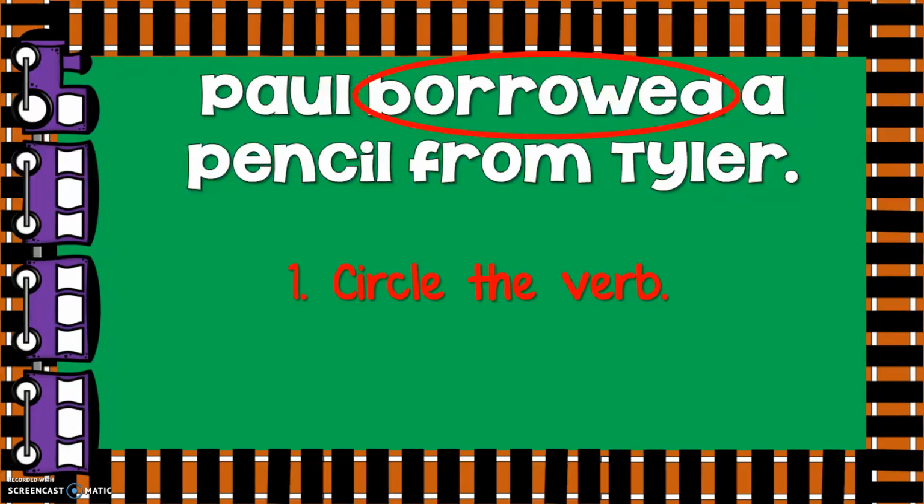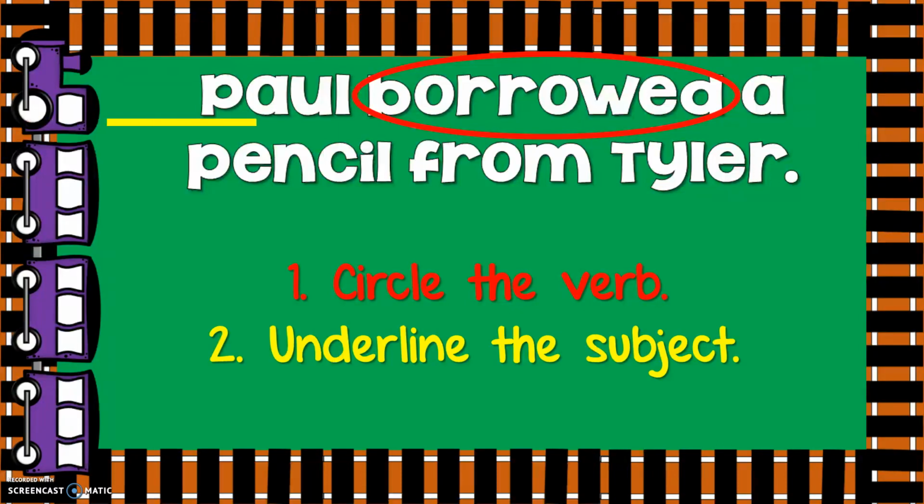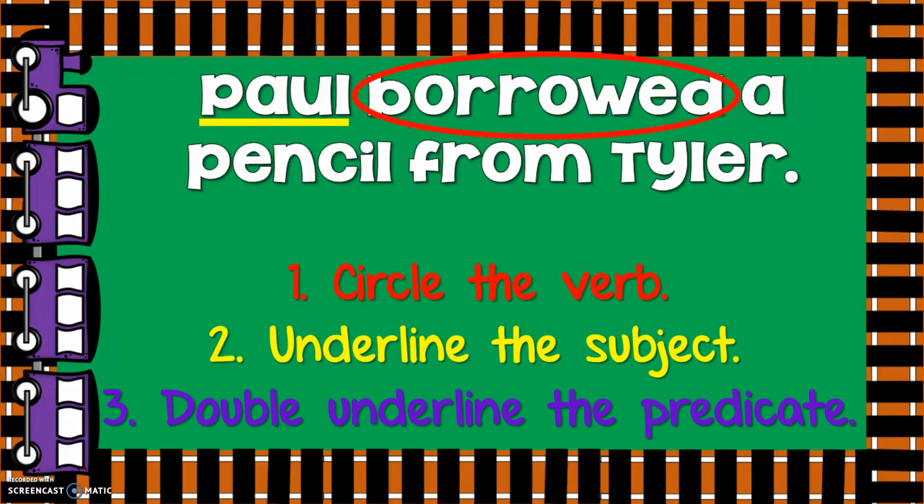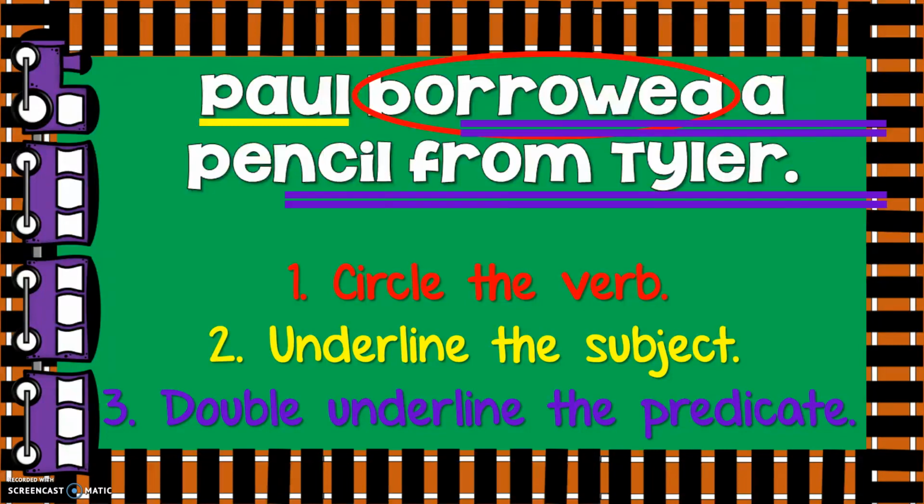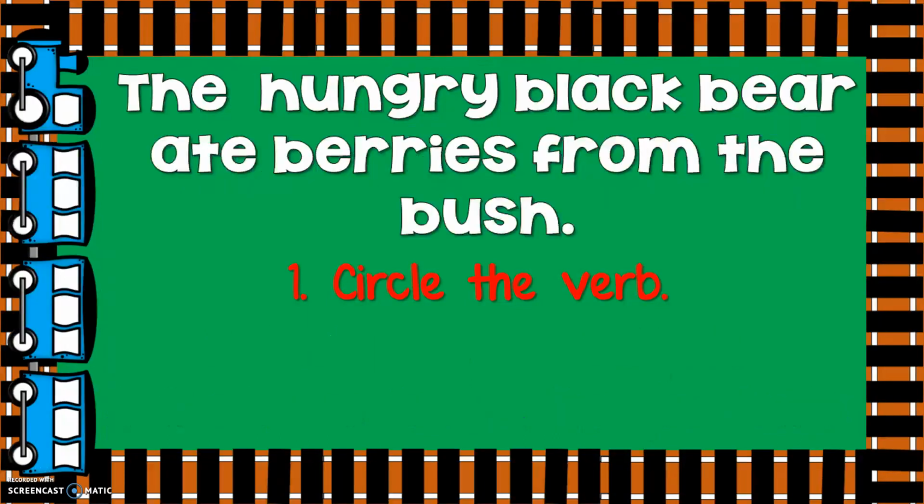Go ahead and underline it. If you said Paul, you are correct. And the last part we're going to do is double underline our predicate. So what did Paul do? The whole thing, not just borrowed, the whole part of it, the complete predicate. He borrowed a pencil from Tyler. Very good. All right, next sentence.